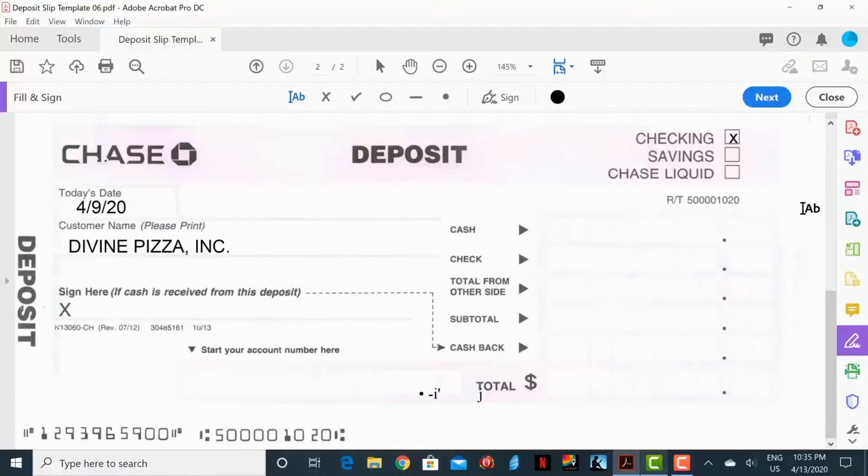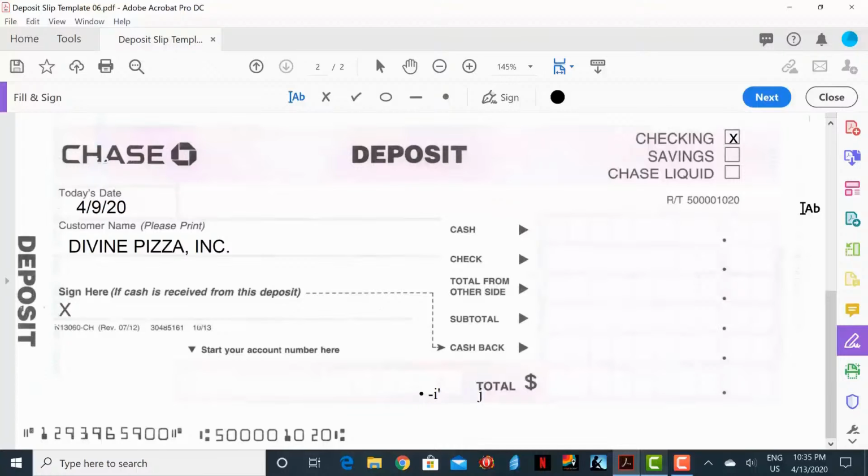Notice this row of rectangular boxes, a point, and then two remaining rectangular boxes. This decimal point separates the whole dollars from the cents. The whole numbers will be filled out to the left of the decimal, and the cents will be entered on the right of the decimal. For this example, we are depositing $500 in cash.